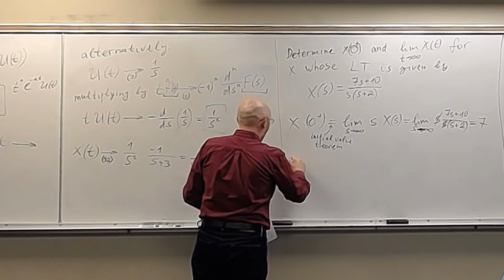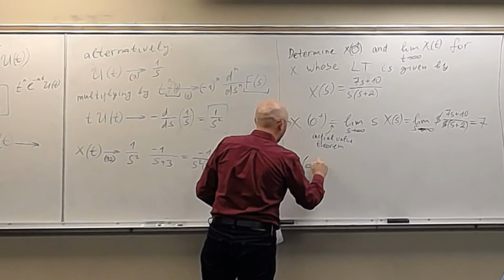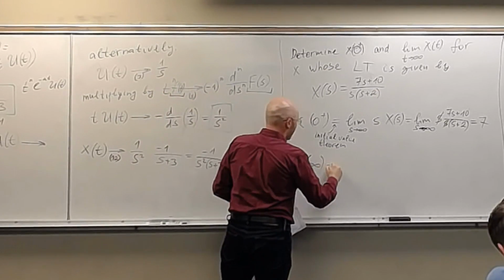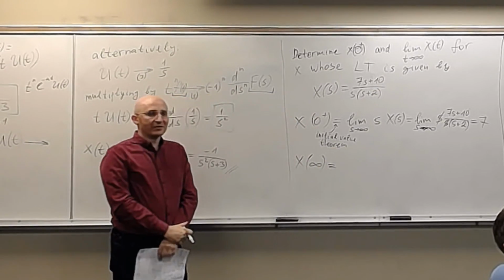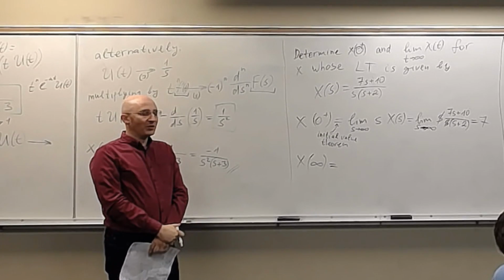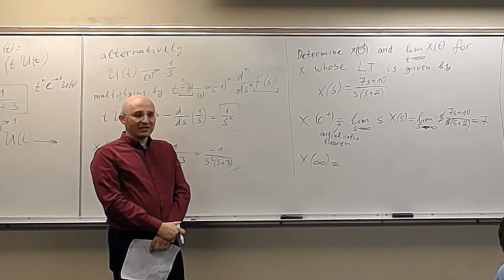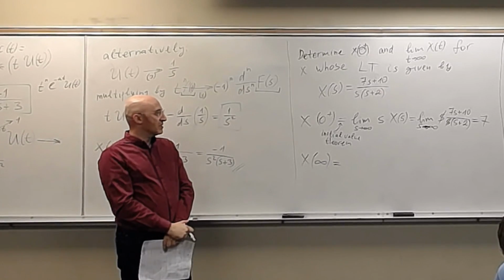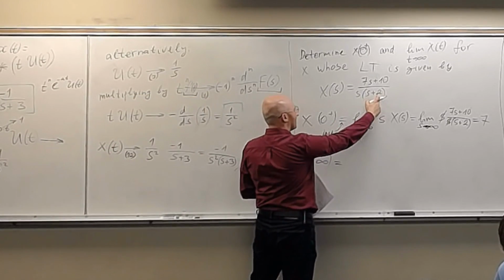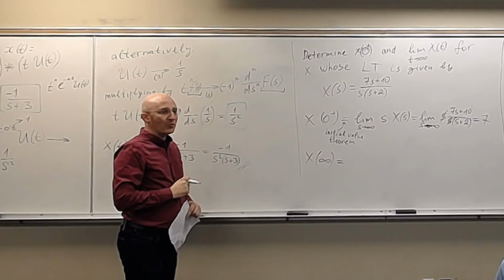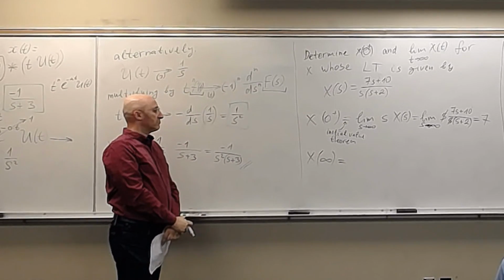Okay. Now how about x(infinity)? This is what you want. Assuming that this limit exists, and again, we will need to check next lecture why this limit exists. But we will assume that in this one it exists because this one is in the left semi-plane and this one is only a single pole at 0. So it exists.